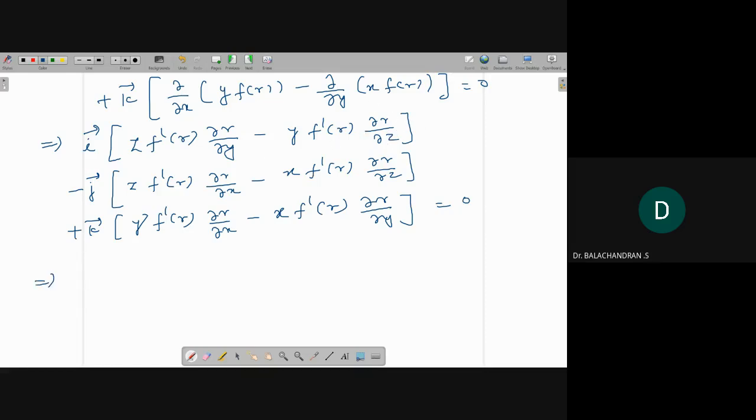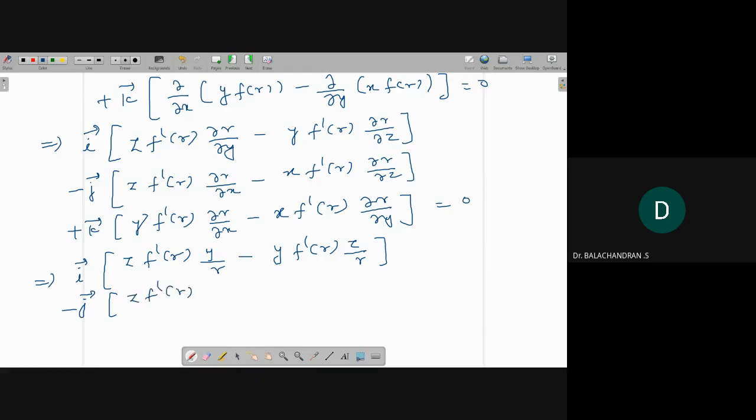Substitute here: I vector into z f dash of r into y by r minus y into f dash of r into z by r. You can check it here, y z f dash of r by r minus y z f dash of r by r, so 0. Similarly, you will get 0 in here also.